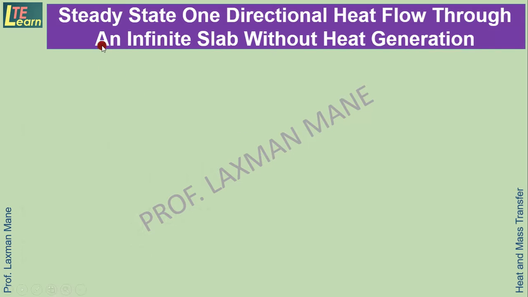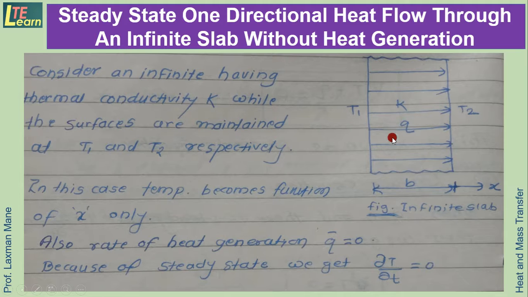So now we will see steady state, one directional heat flow through an infinite slab without internal heat generation. In this diagram you can see an infinite slab having thermal conductivity K. This is an infinitesimal element of the wall, while surfaces are maintained at temperatures T1 and T2. T1 is the left side temperature, T2 is the right side temperature.